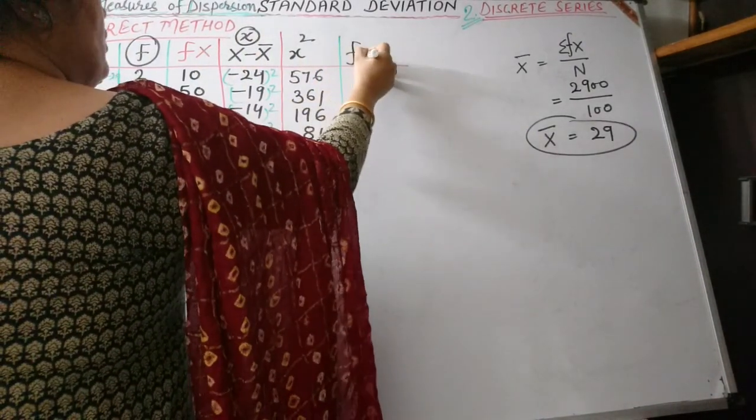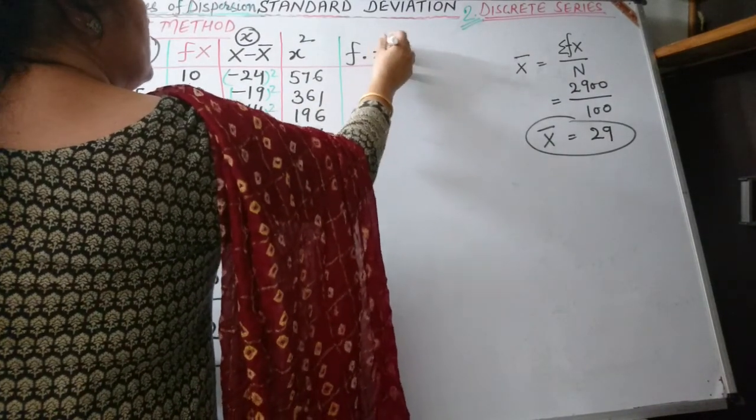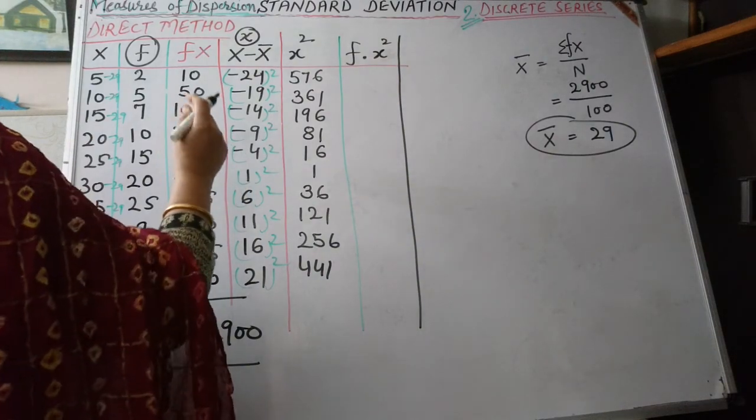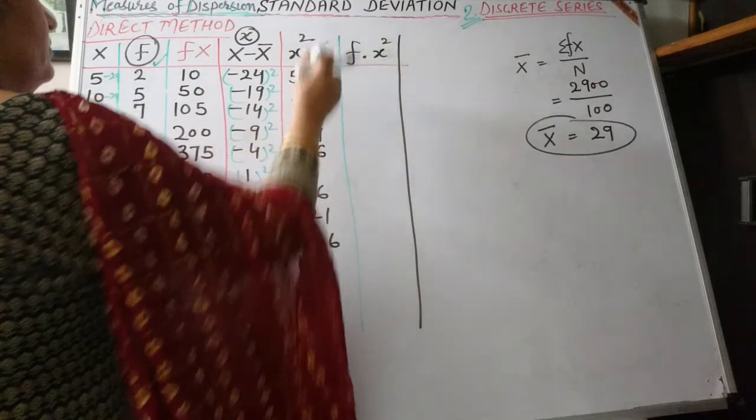So frequency now will be multiplied by small x square, fx square. We have to multiply frequency with x square.